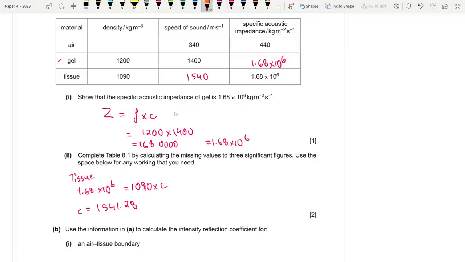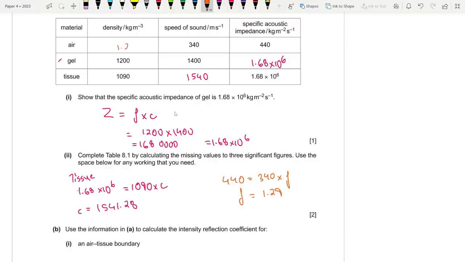On the other hand, for air, Z, 440, is equal to 340 times rho. So 440 divided by 340... I think I made a mistake. 440 divided by 340 is 1.29. Sorry, calculator error. 1.29 to 3SF.